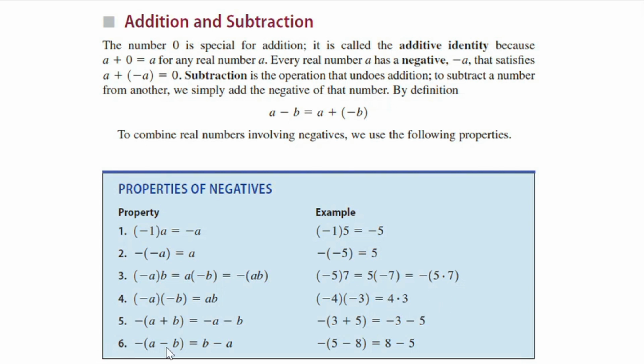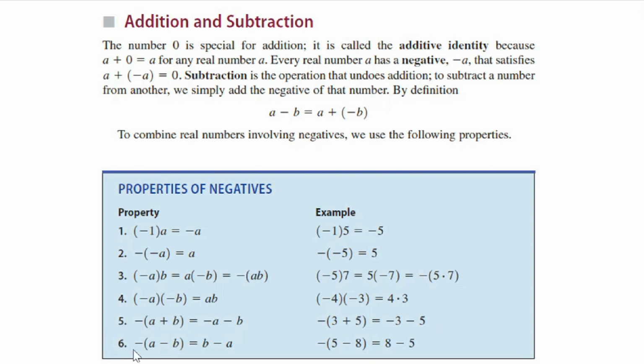For number 5, the negative of that quantity, the sign inside the quantity will be changed to its opposite sign because we are multiplying negative to this quantity. So using the distributive property, negative times a will give you negative a, and negative times positive b, the product is negative b. So it's up to you to read the example.